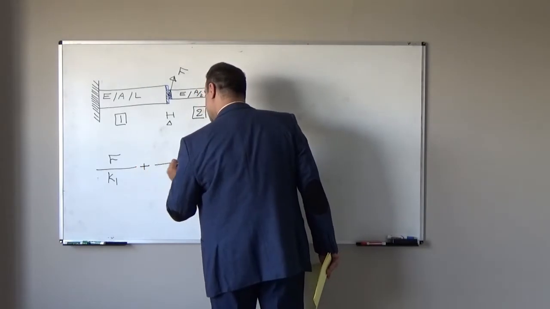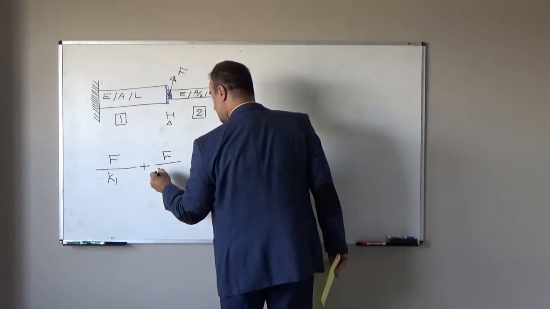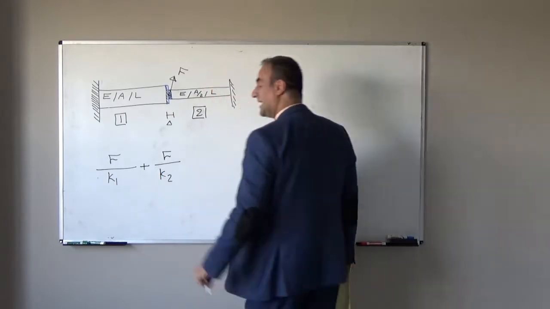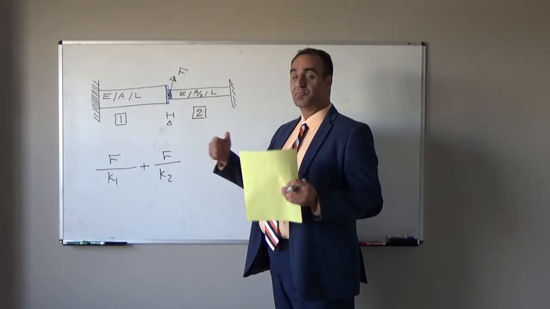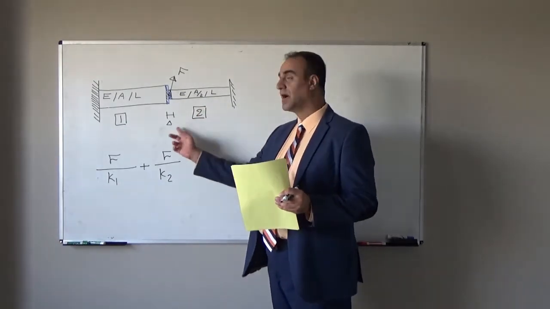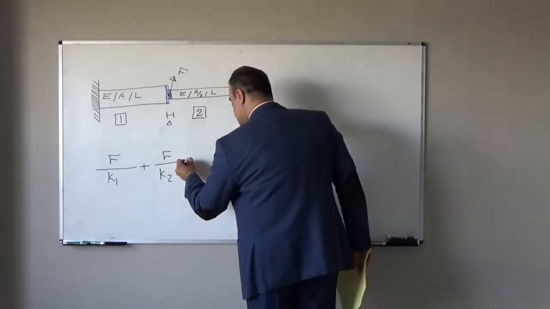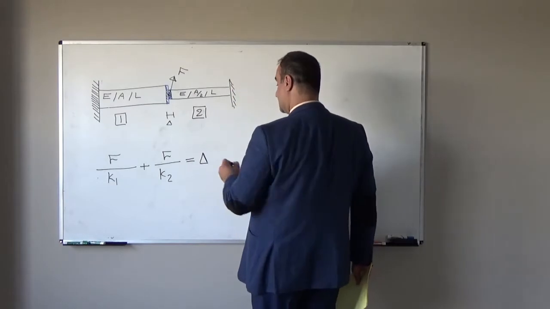Plus the same force divided by stiffness of rod 2, we will have deformation of rod 2. Both deformations, if we add together, should cover delta. It means it should be equal to delta.